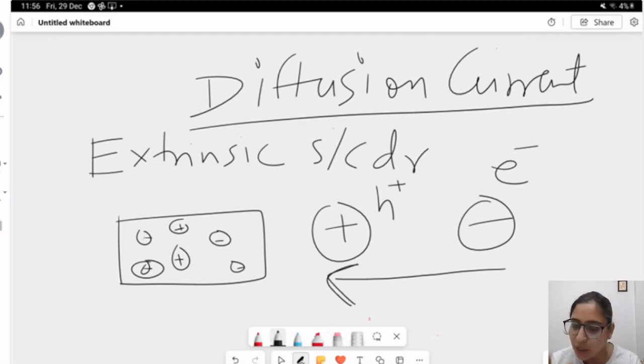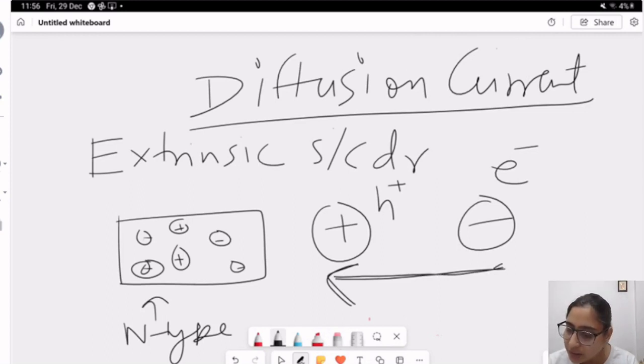Due to the potential gradient which we create in this lattice through the process of doping, we increase some electrons or some holes. Like this is n-type, so we increase few electrons here. Some electrons are more than holes, so they are flowing in a particular direction, from higher potential to lower potential. So this is the process of diffusion.